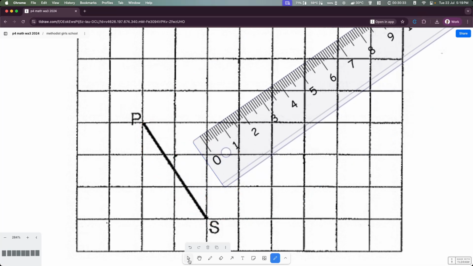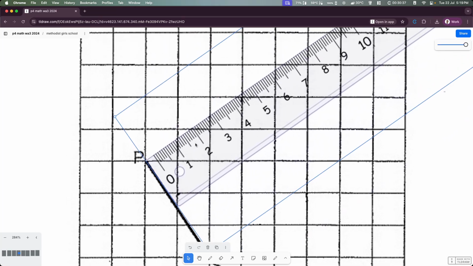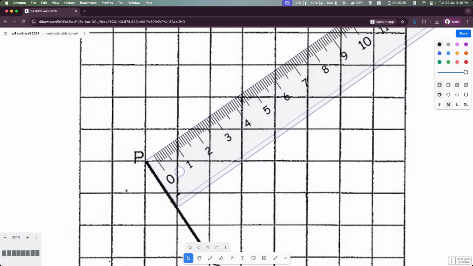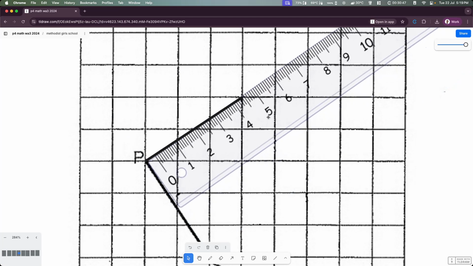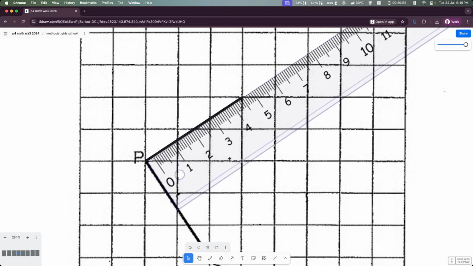Then we're gonna draw a line from P until you see the next square, so it should join the next square, something like this. Let me move it so it's more parallel to what you see over here.